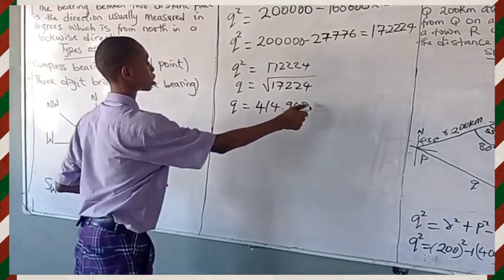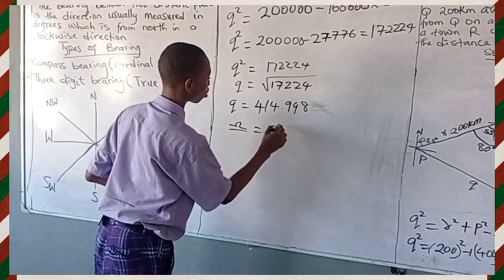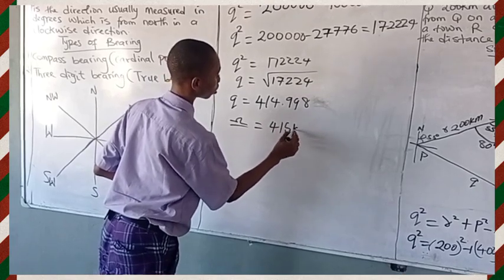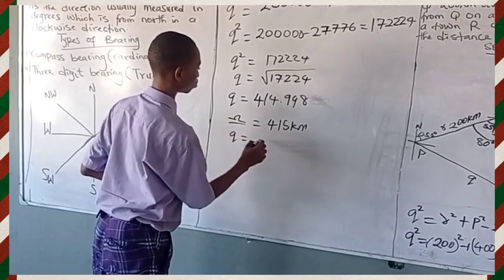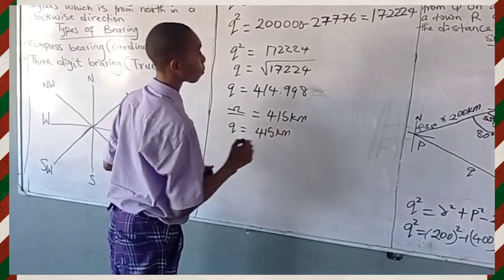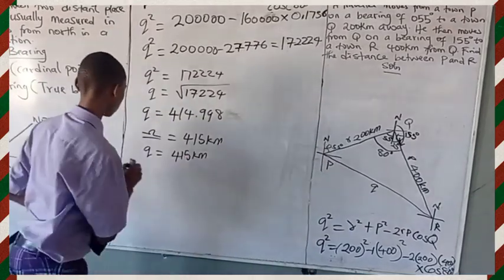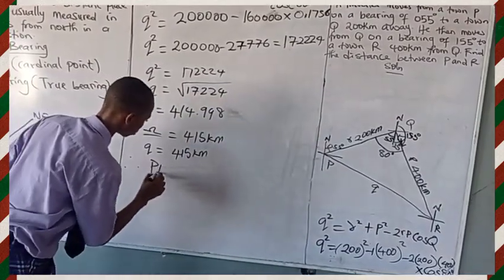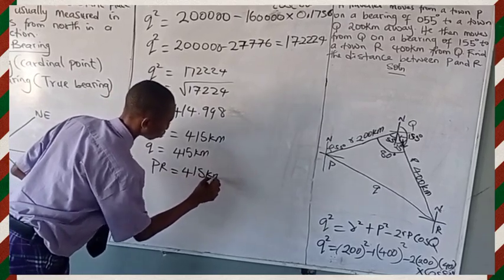So approximating to the nearest kilometer is 415 kilometers. So q is equal to 415 kilometers. And remember, our q is equal to PR. So therefore, PR is equal to 415 kilometers.